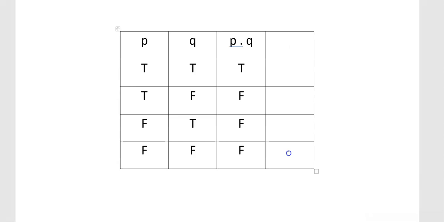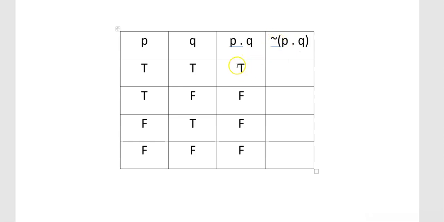So what this means is that we are going to deny that P dot Q. So we put negation outside and then small letter P and Q. So negation of P dot Q. You need to just see what is the value of P dot Q, and then you need to just deny that.